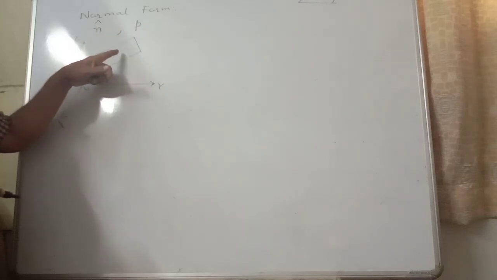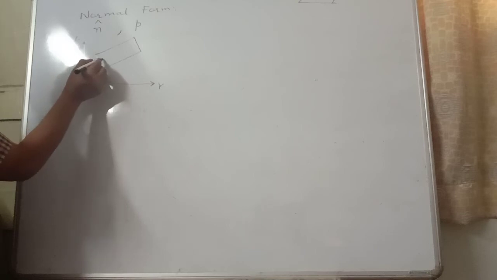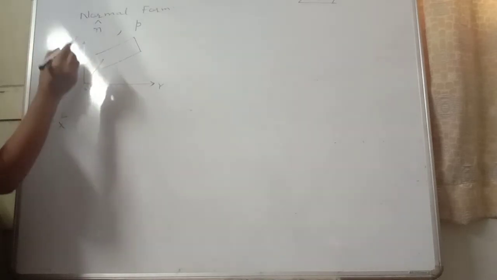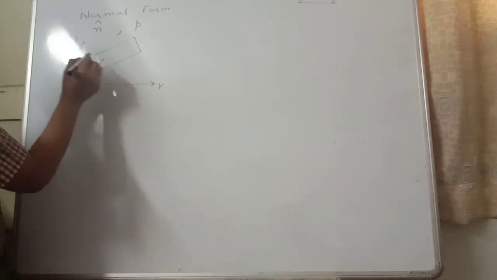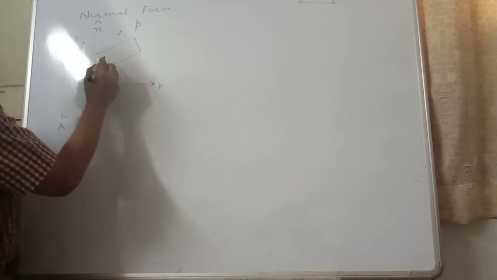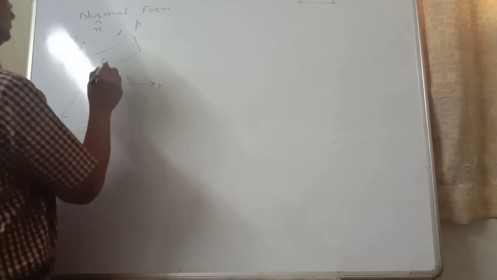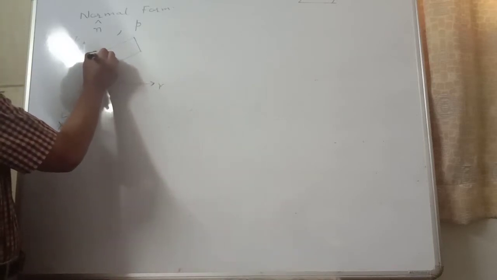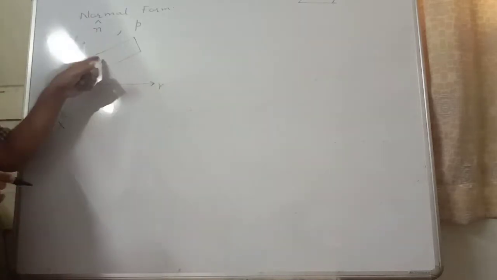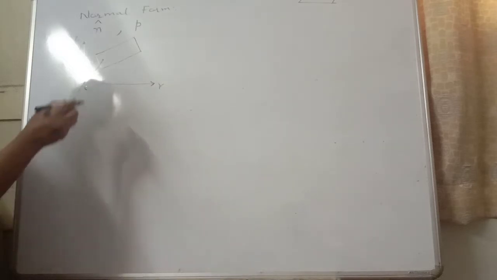Perpendicular distance of the plane from the origin is p. This is the perpendicular from the origin, perpendicular to the plane. Suppose it cuts the plane at point N. So N is a point in the plane.